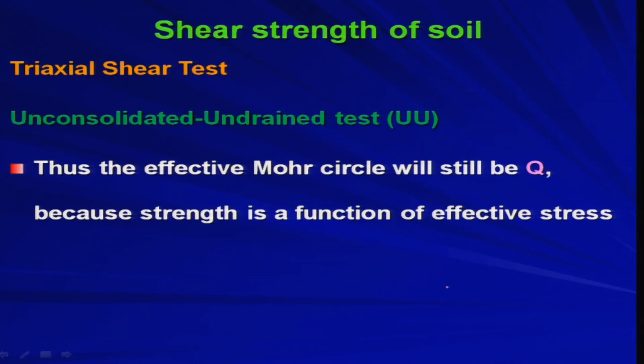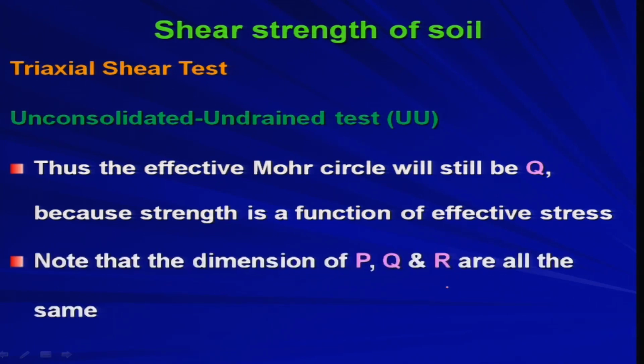Thus, the effective Mohr circle will still be Q, because strength is a function of effective stress. No matter how many confining pressures you change, you will get that many total stress Mohr circles, but your effective stress Mohr circle will be unique. So, the effective stress Mohr circle is more logical to consider during design.